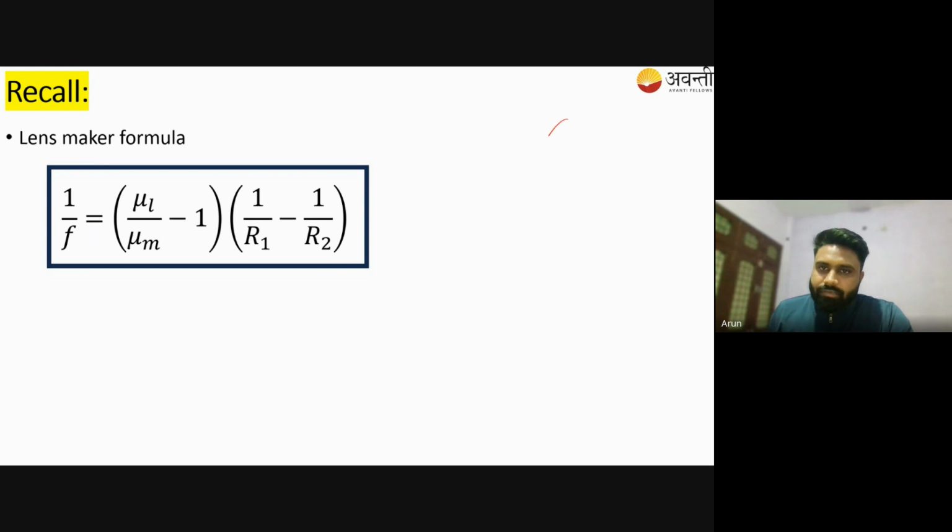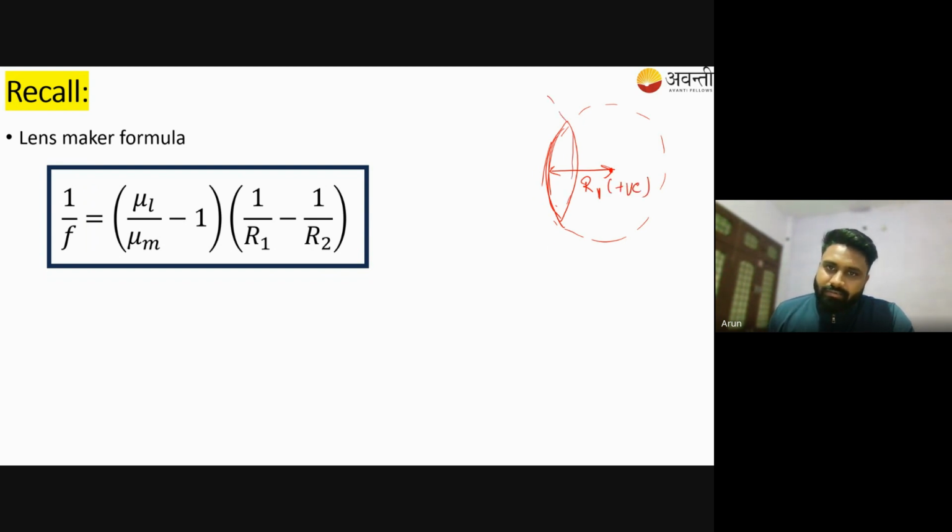Okay, so let's say this is the lens you have. This surface is a part of a sphere which has its center in this direction. So this is the r1. This r1 is measured in the direction of the incident ray, so r1 is considered to be positive.